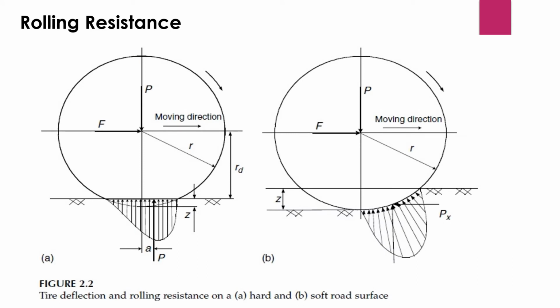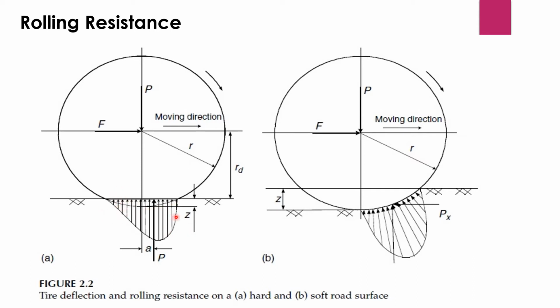The rolling resistance of tires on hard surfaces is primarily caused by hysteresis in tire materials. This is due to the deflection of the carcass while the tire is rolling. The hysteresis causes an asymmetric distribution of ground reaction forces.